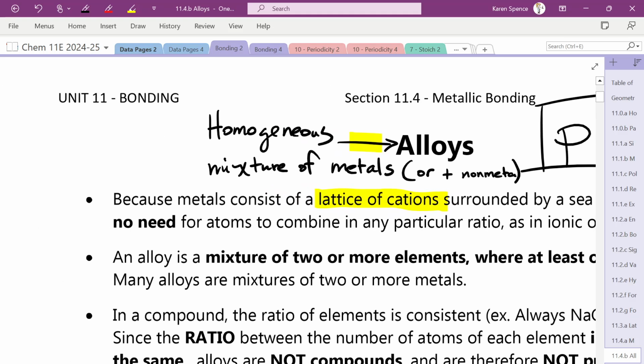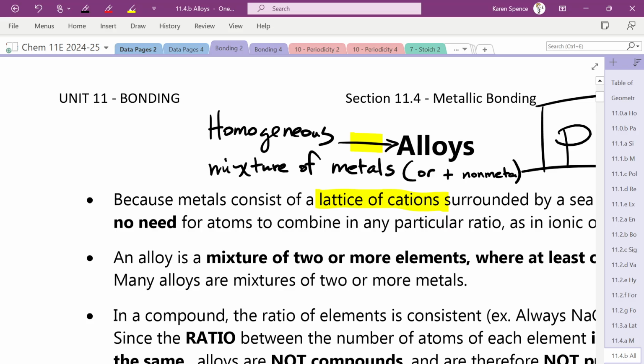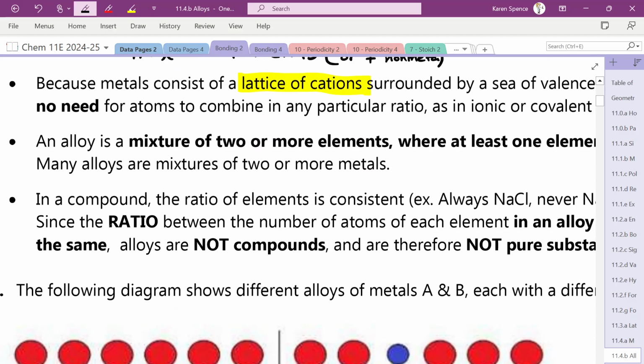See, these are not compounds because compounds, oh, it does say it here. In a compound, the ratio is always the same. It is always consistent.